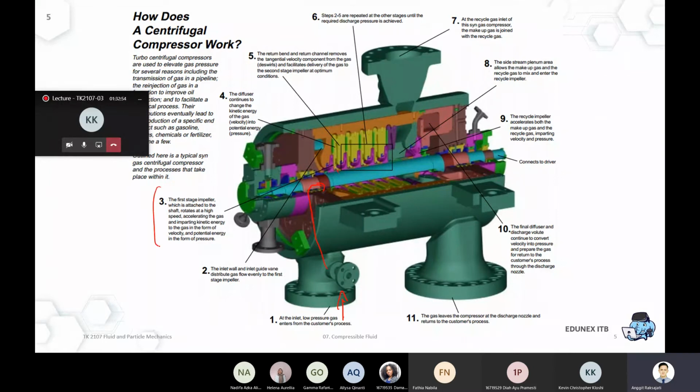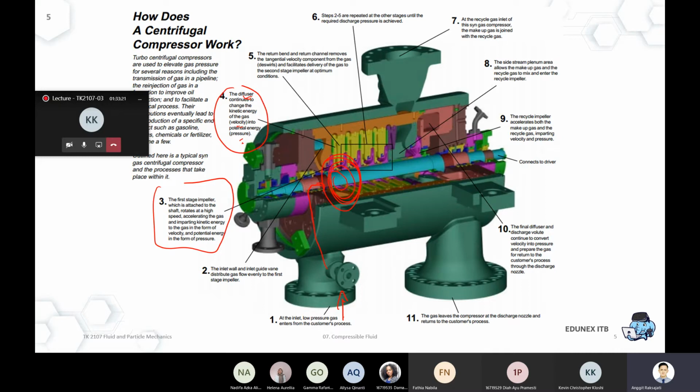That's the impeller, the first stage impeller. There will be some rotation, increasing the kinetic energy of the fluid, and then you have a diffuser. The diffuser converts kinetic energy to pressure. So again, you increase the kinetic energy by the rotation of the impeller, and then you convert it to pressure using the diffuser.